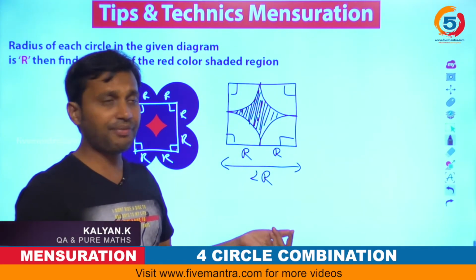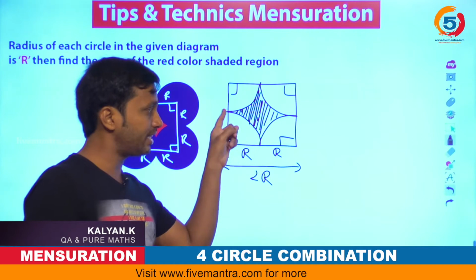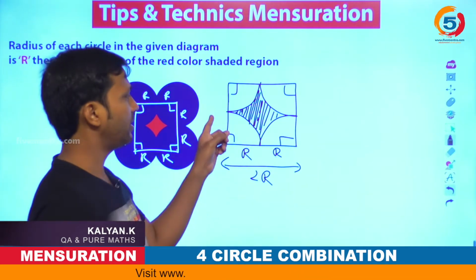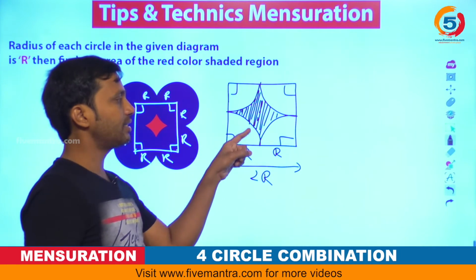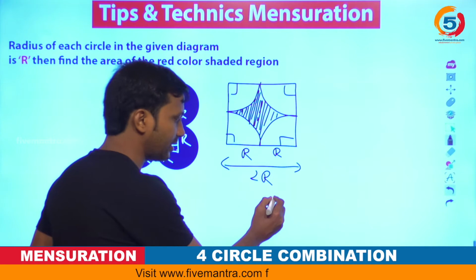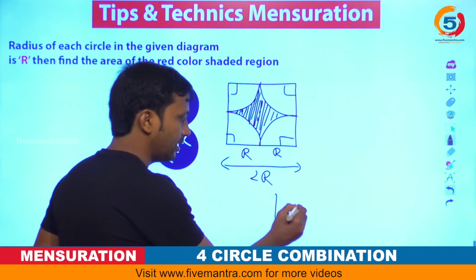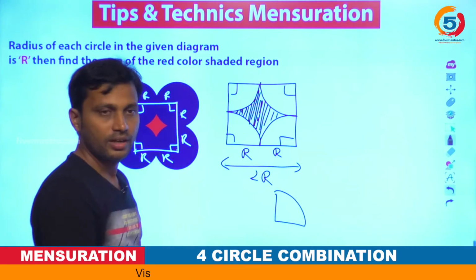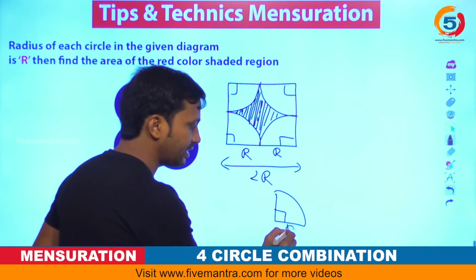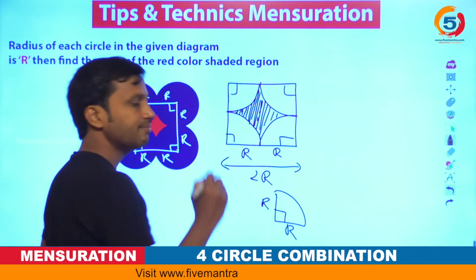Now we have to identify what the shape of each unshaded portion is. What is the shape then? Tell me. Here this is in the shape of a sector. Let us draw it separately and discuss once again. Is this the shape of a sector? And the angle would be how much? 90 degrees. And each sector radius is capital R.